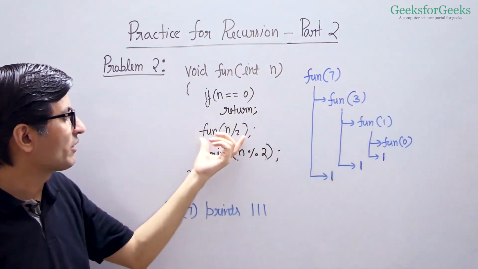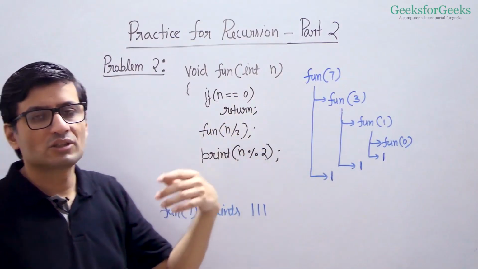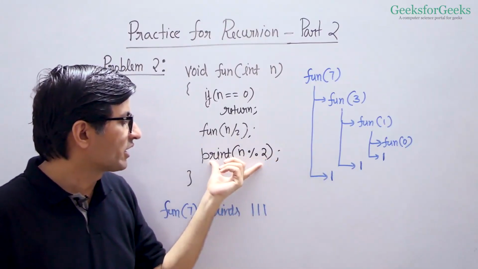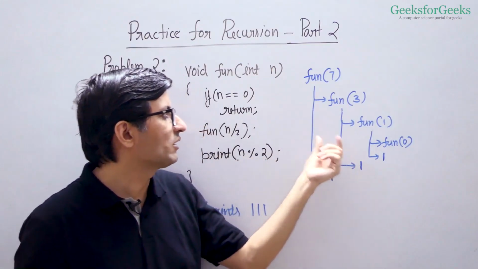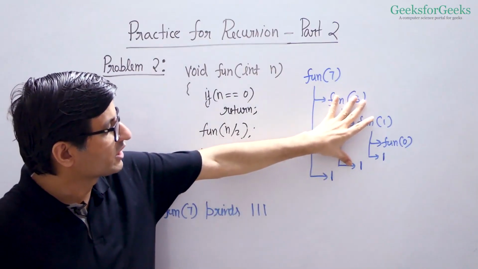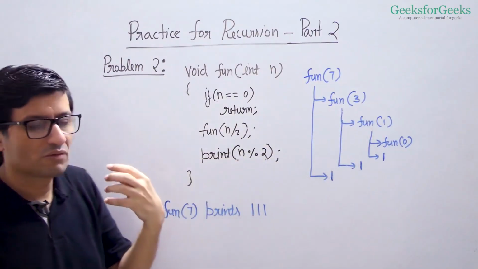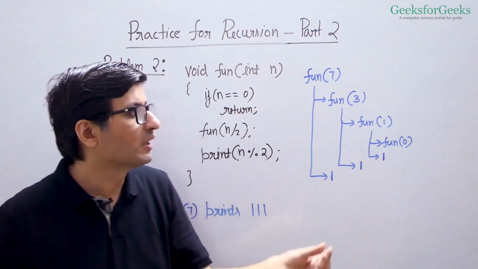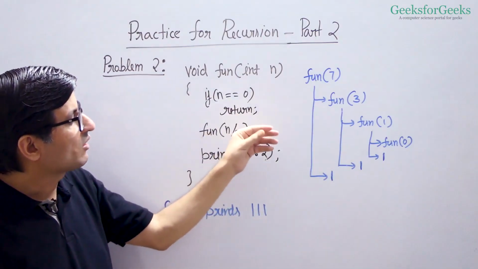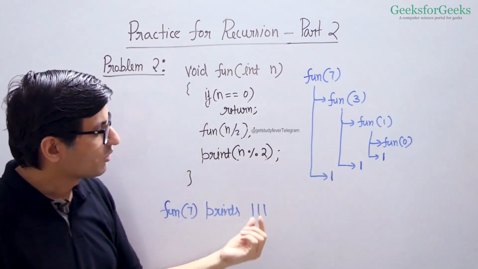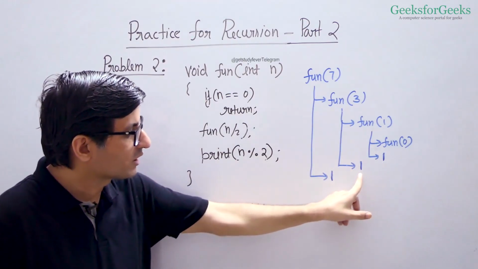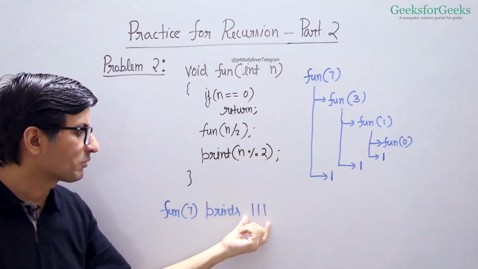Fun 3 was waiting for fun 1 to finish, so it now executes this line, 3 remainder 2, 1, and prints 1. So fun 3 has finished its execution, this was the last line for fun 3. Fun 7 gets the control, and is now going to print 7 remainder 2, which is 1. So first you see this one on the output, then this one, so your output is 111.